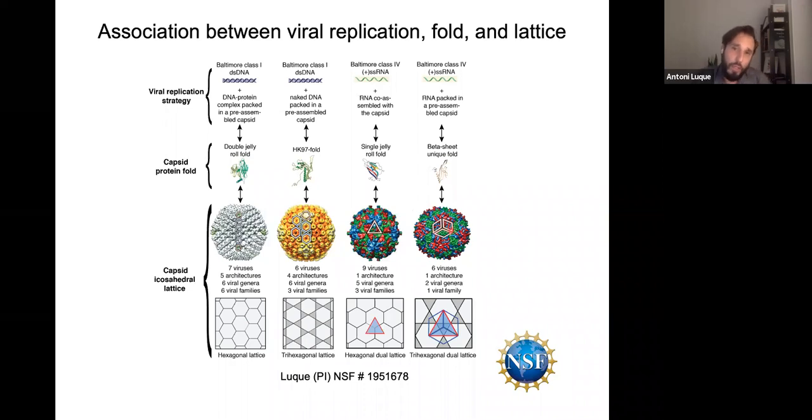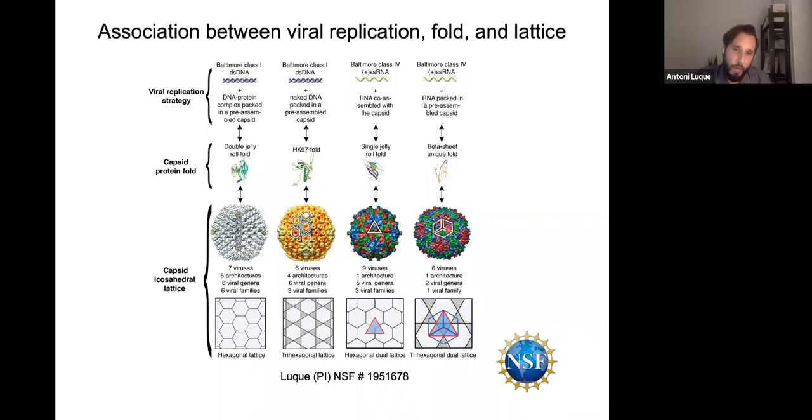So our approach is to use this framework that implies that you have a strong relationship between the type of genome, the protein fold, and the capsid structure. And we're showing that there is a strong relationship also between the amount of genome and the size of the capsid. So putting it all together, we're able to predict the capsid architecture from a limited amount of genomic information.